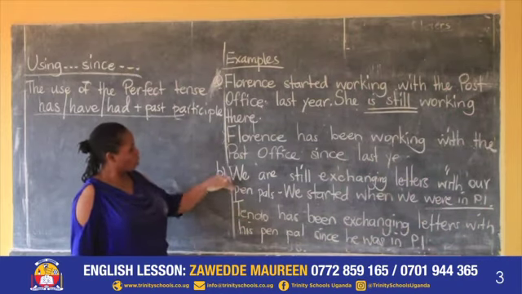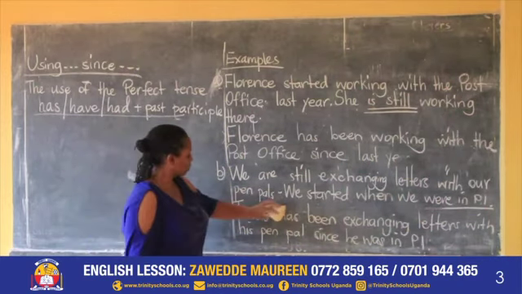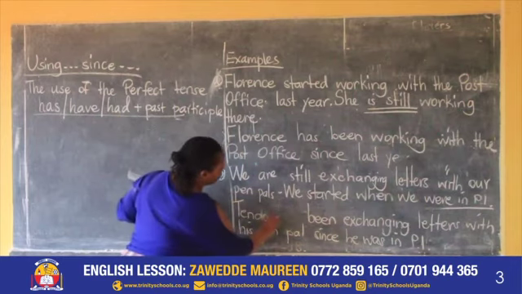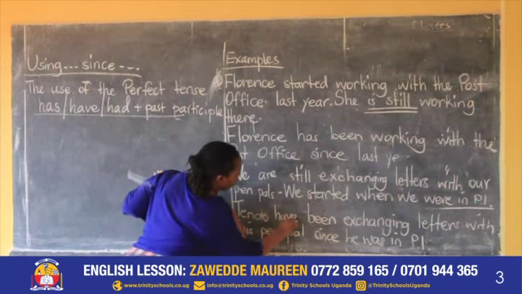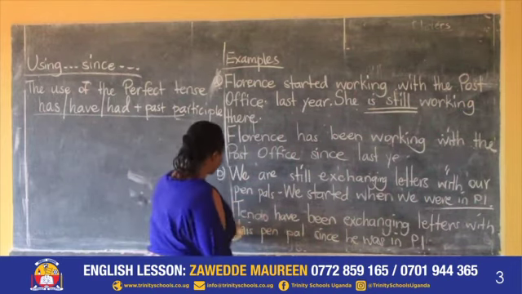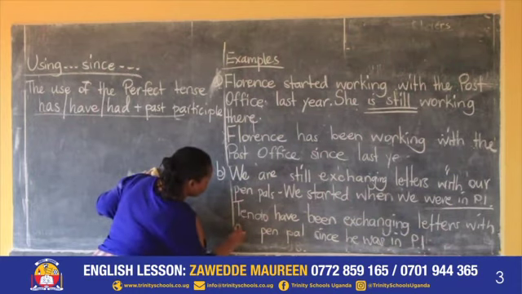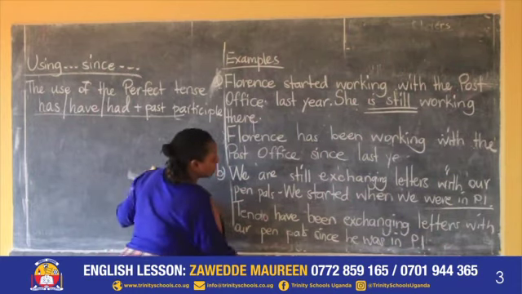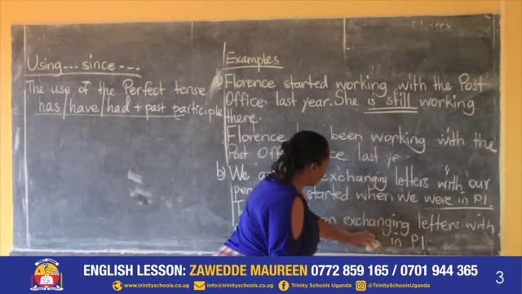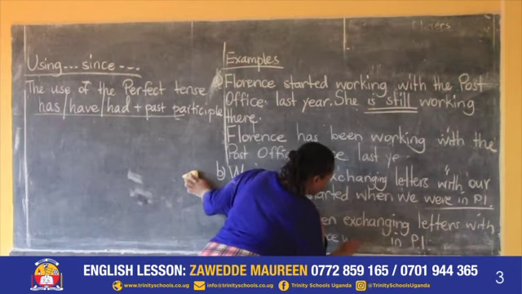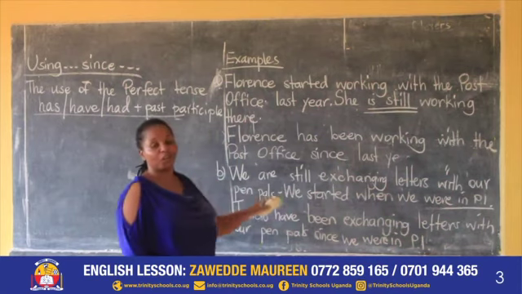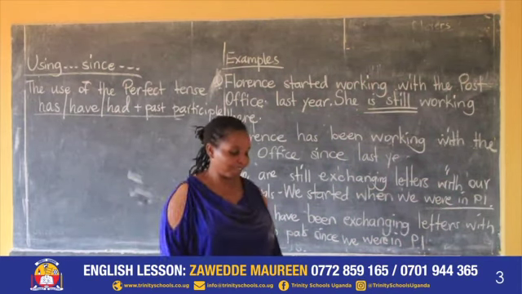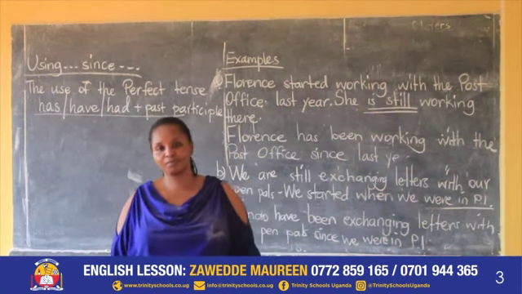Our answer will be we have been, because I wanted to bring in that idea of have. We have been exchanging letters with our pen pals since we were in P1. I'm very sure you have understood.